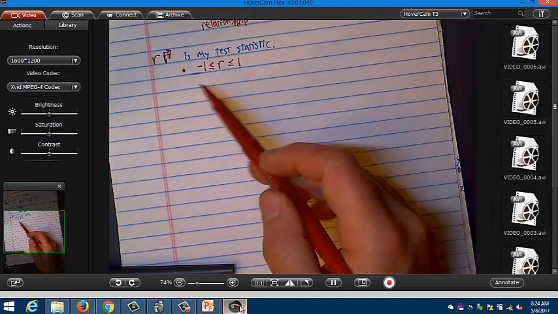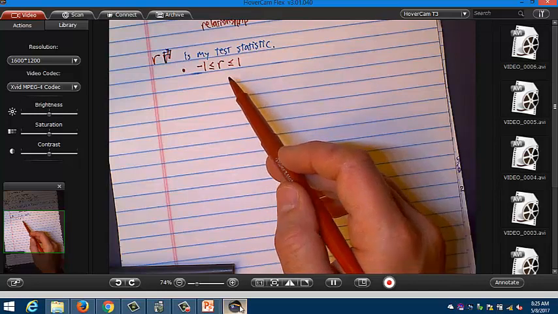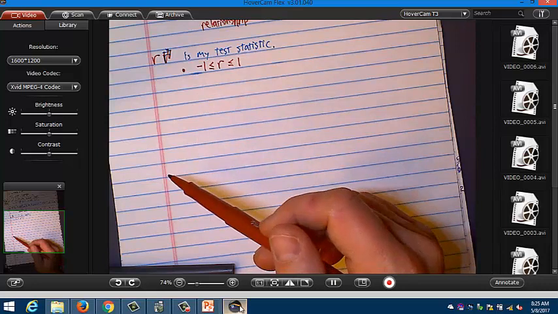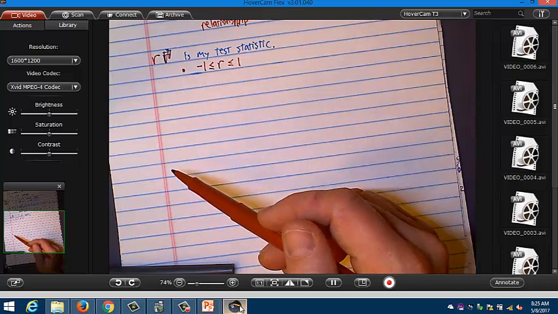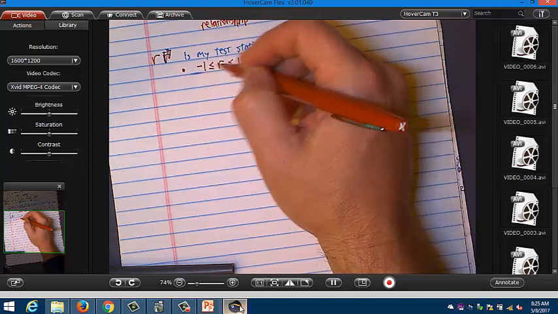R is between -1 and 1, always. It can't be any higher than 1. It can't be any lower than -1. The way it's going to work is this.